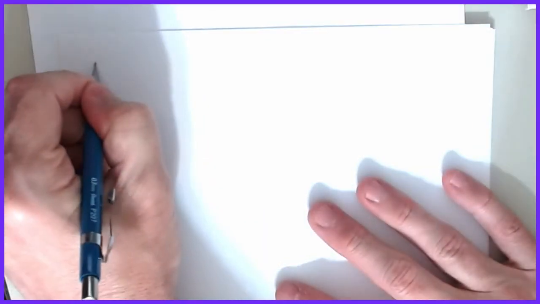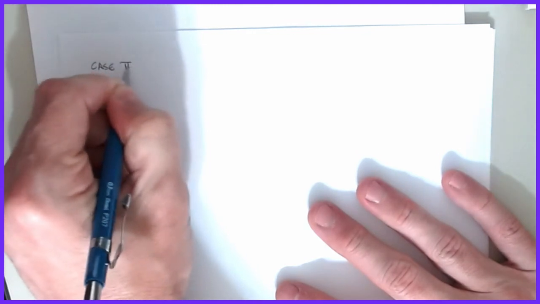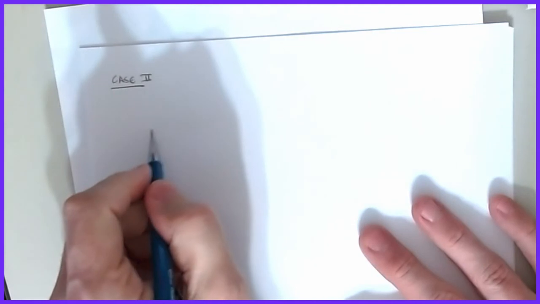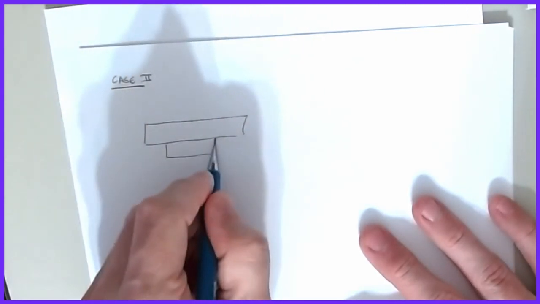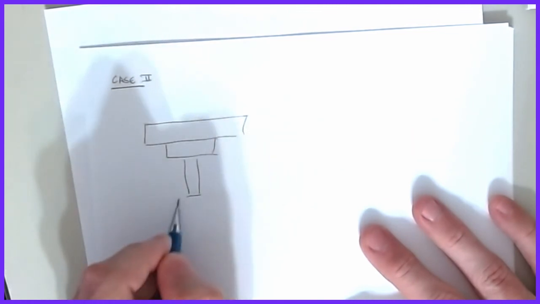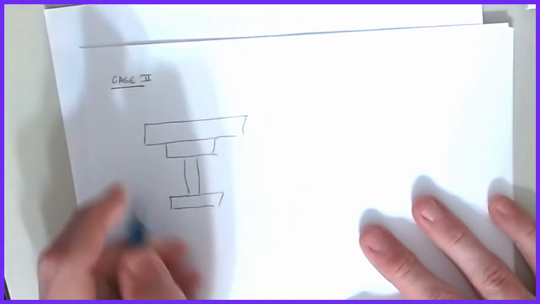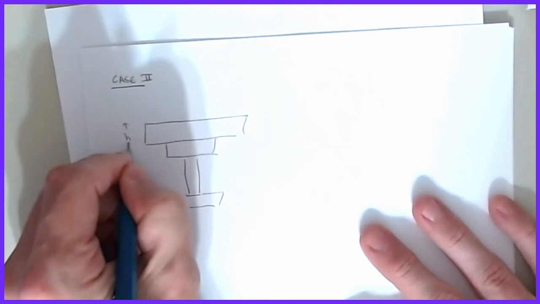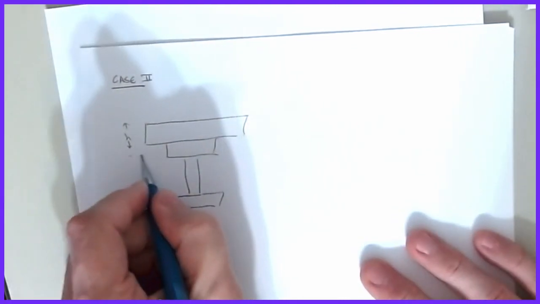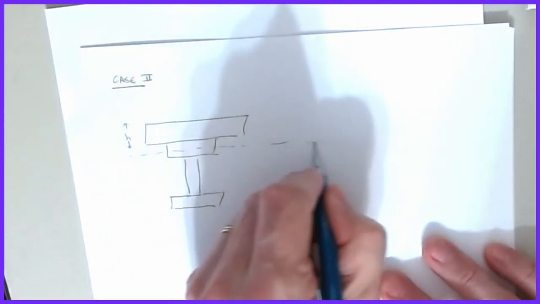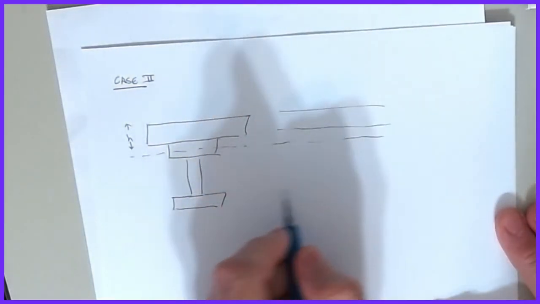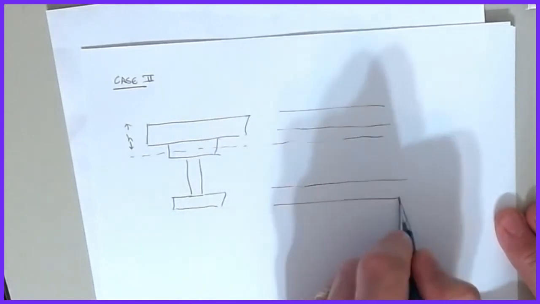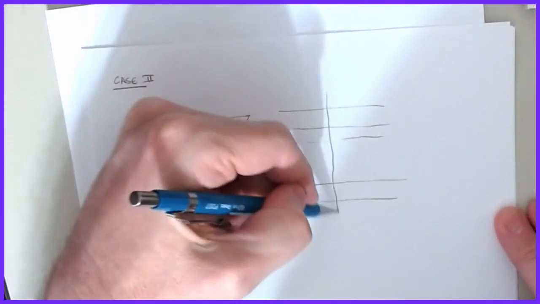All right, so we can do case 2, and I'm only going to work the first 2 cases because once you understand this one, then the others are just the exact same process. All right, we call that as h. Now this case, it's a lot of lines, but it's the same basic approach.